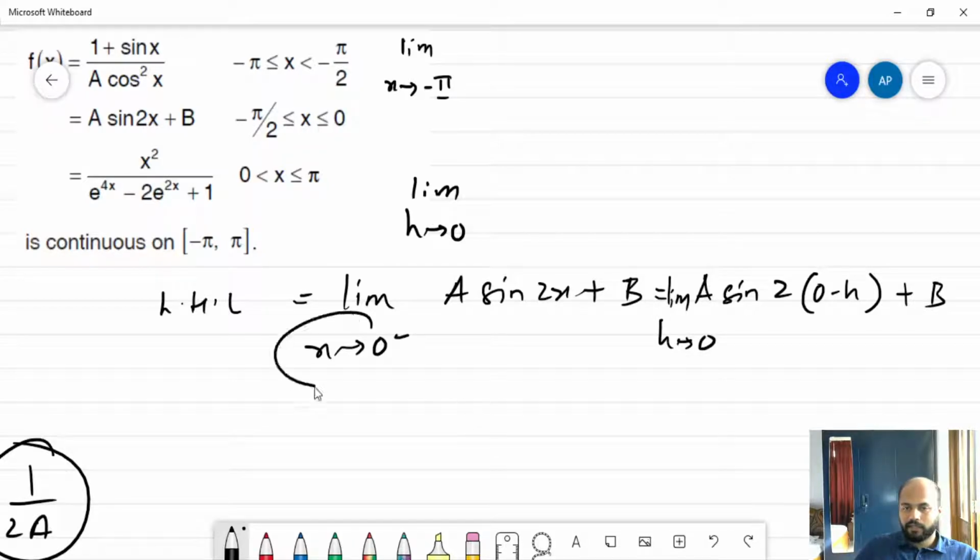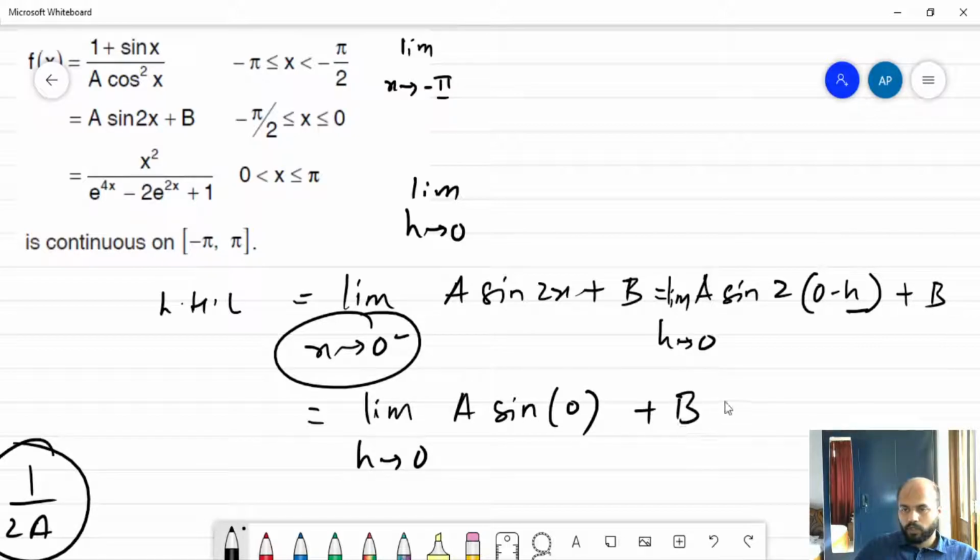When we write x, then it's x tending to 0 minus, that is from the negative side. So limit h tending to 0 would be a sine, put 0 over here, then we'll get 0. So overall, the value of this limit is b. That's what we get.